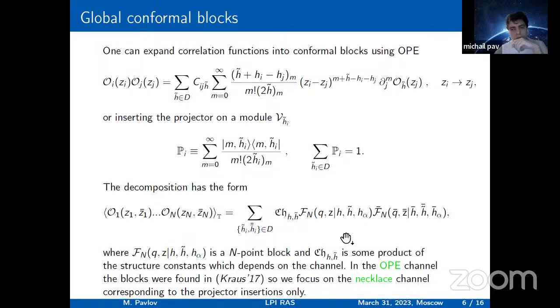You mean the n-point torus? Yeah. In this paper, they found the n-point torus conformal block, but they use only operator product expansions. They found that the n-point torus block can be written as a product of a one-point torus block and an (n+2)-point block on the sphere.